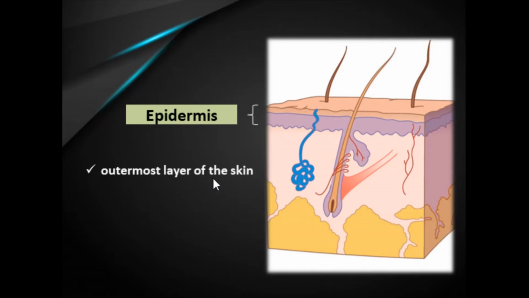Again, it is the outermost layer of the skin, which means that the one you can see directly on your skin now is the part called epidermis. It is the visible part of our skin.